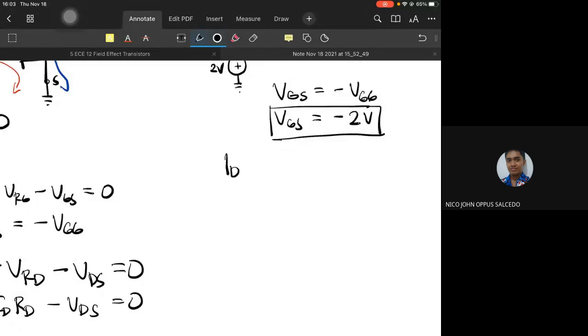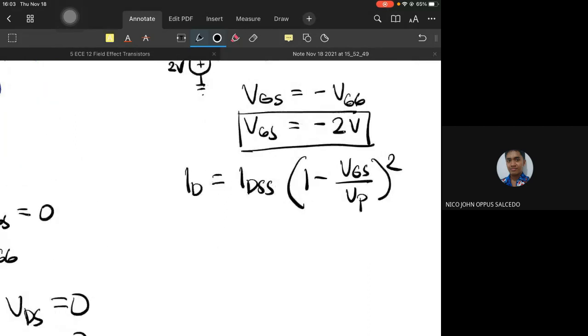So ID is equal to IDSS times 1 minus VGS over VP, squared. Again, this should be memorized. ID is unknown, IDSS is given as 10 milliamperes.